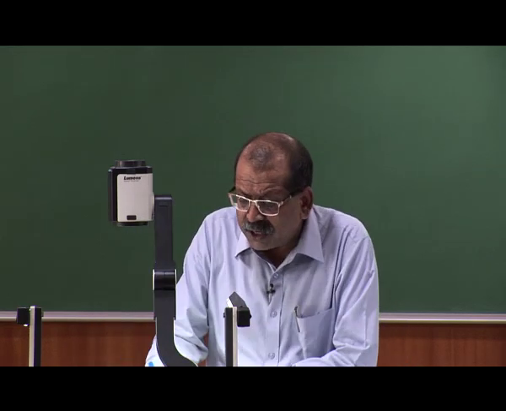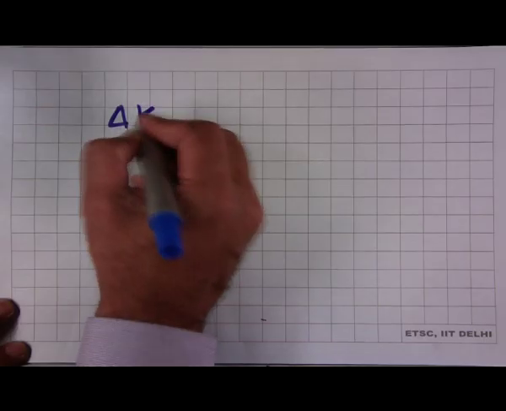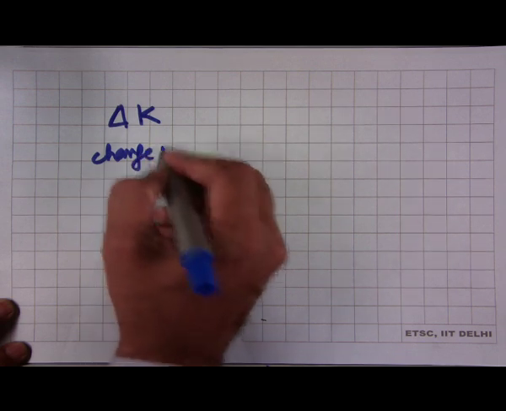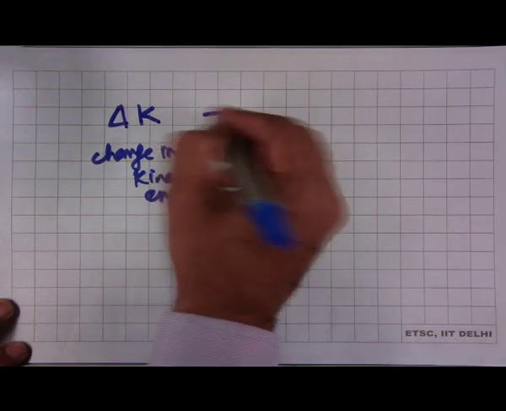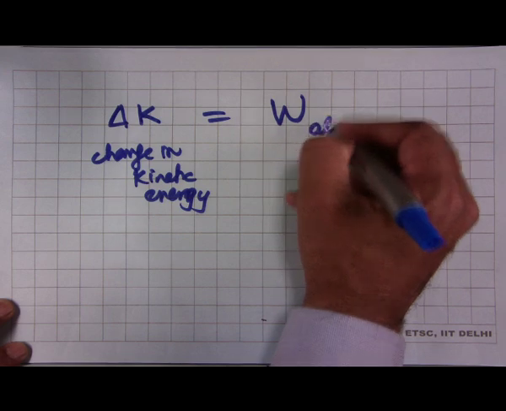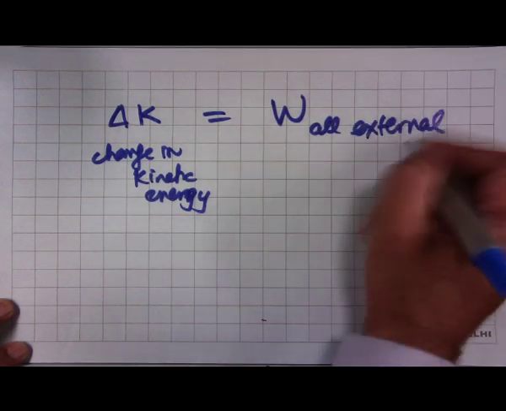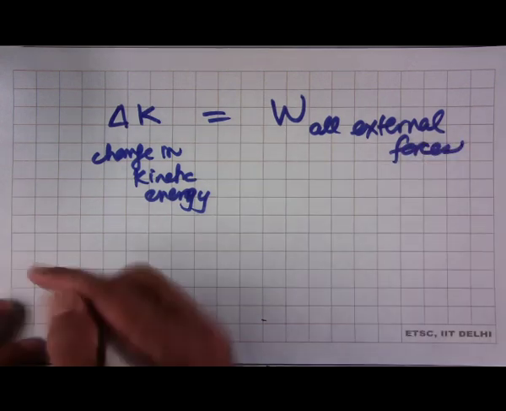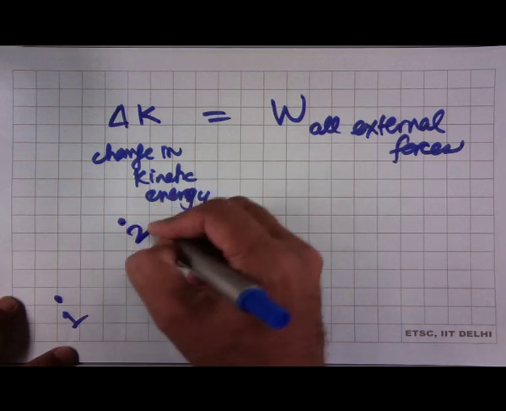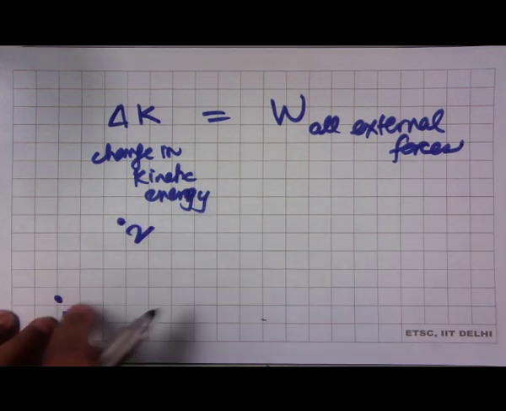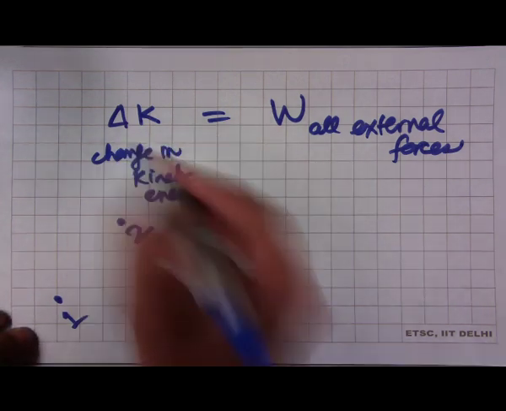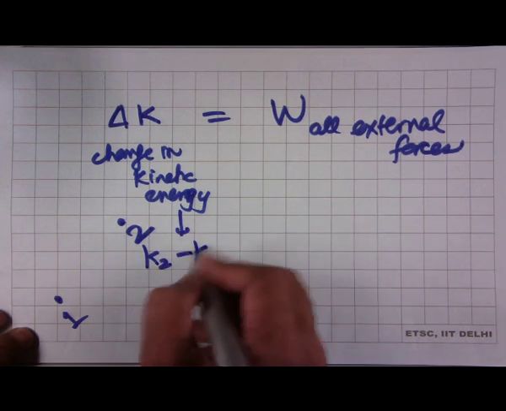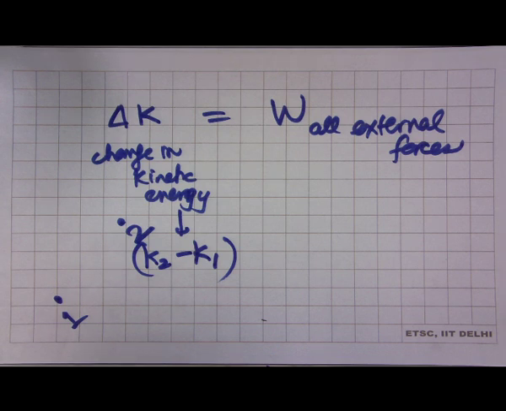Now, what is the work energy principle? The work energy principle says that change in kinetic energy is equal to work done by all external forces. So, the body moves from configuration 1 to configuration 2, then we calculate the work done by all external forces as the body moves from 1 to 2, and this sum of all the work done is equal to the change in kinetic energy, which means this is equal to kinetic energy at state 2 minus kinetic energy at state 1.